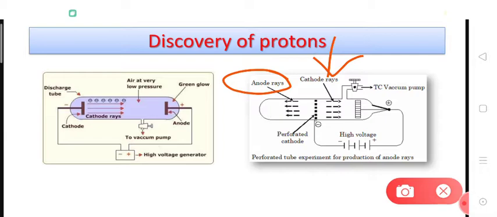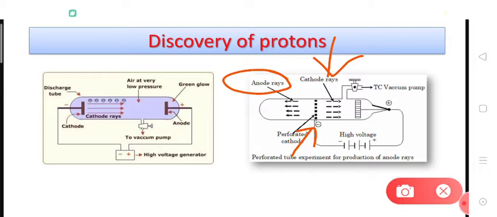Let's discuss this. Eugen Goldstein performed a glass discharge tube experiment, in which he had taken a cathode which was perforated, meaning it had multiple pores in it.